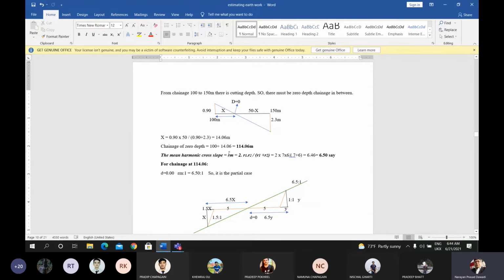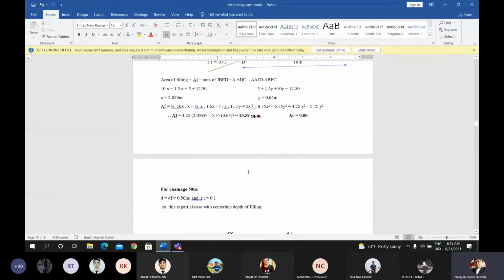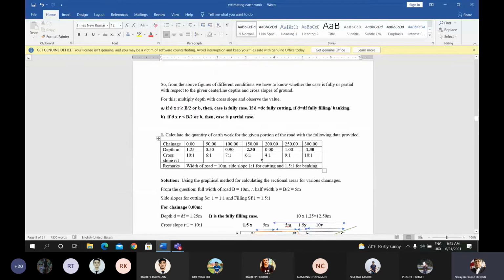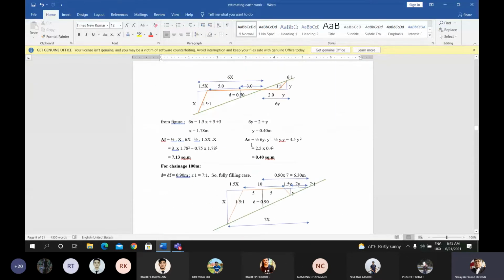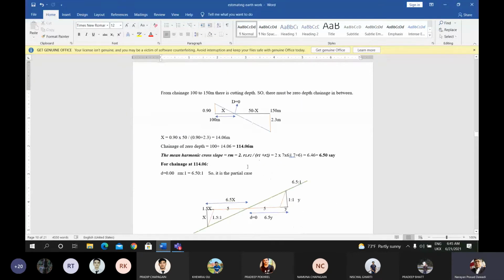This R value is considered as the RM, the mean harmonic cross slope, which is equal to 6.5. From the table, before the d equal to 0 section, the r1 value will be 7 and the r2 value will be 6. Put these values in this equation and you will get the harmonic slope as 6.5:1.